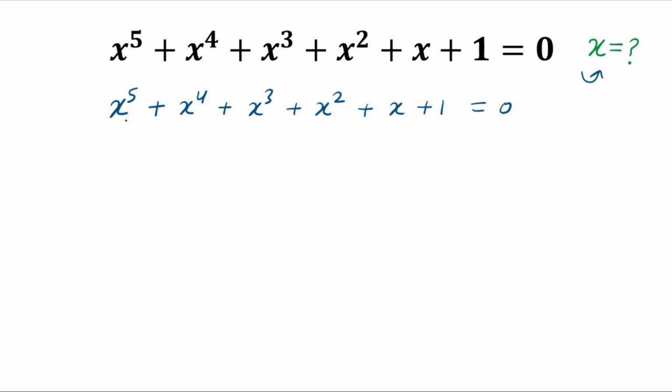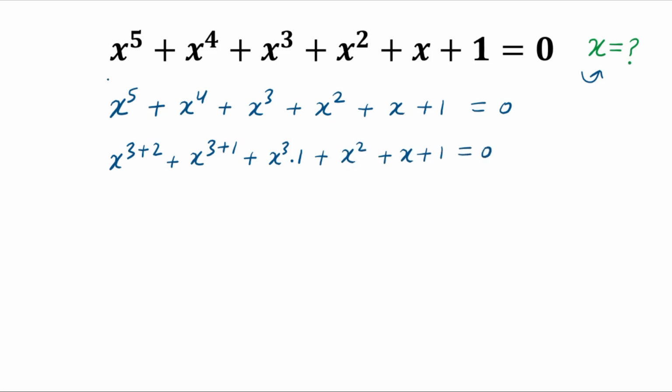Here x power 5, we can write this 5 as 3 plus 2, plus x power 4, and we can write this 4 as a sum of 3 plus 1, plus x power 3 is same as x power 3 times 1, plus x square plus x plus 1 is equals to 0.